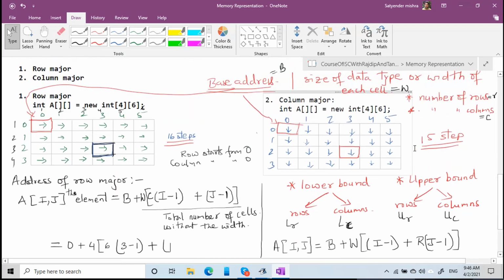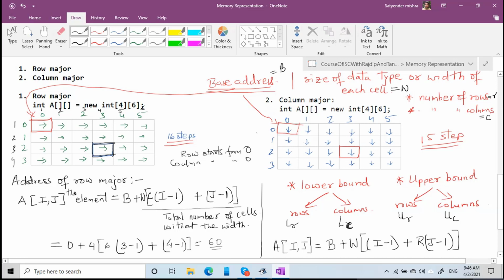Okay, so now you can put down the values here. 3, and then here you write 4 minus 1, and you close the bracket. The answer is 12 plus 3, 15. 15 into 4 is 60. So this is at the 60th byte.